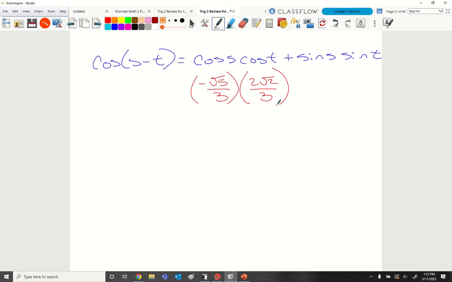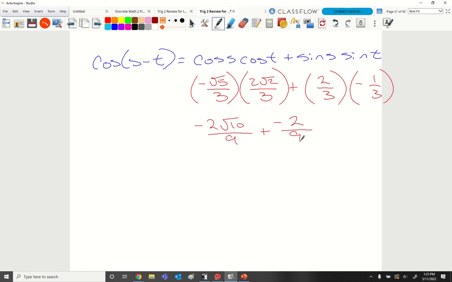So this one, I put plus sine of s. What was sine of s? Very good. And sine of t? Very good. So let's put them all together. When I multiply the radicals, I multiply inside the radicals. So it's going to give me a negative 2 rad 10 over 9 plus a negative 2 over 9. Wait, can't you further simplify the left?